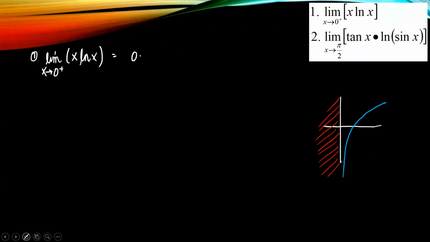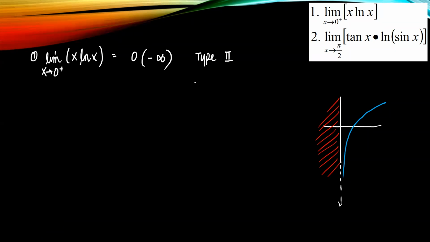So this line right here is actually an asymptote. As you come closer and closer to 0 from the right side of it, it is going to negative infinity. So this one, you can say, okay, that's type 2 or case number 2.